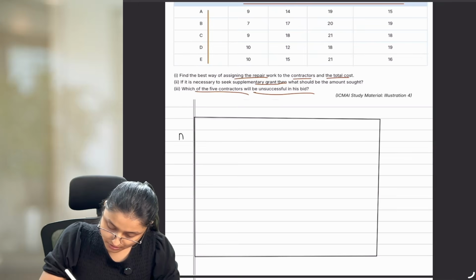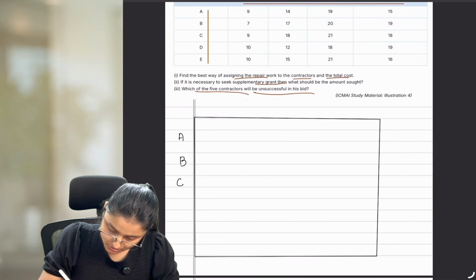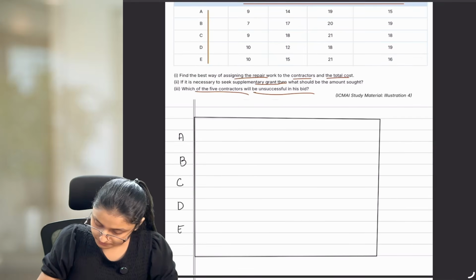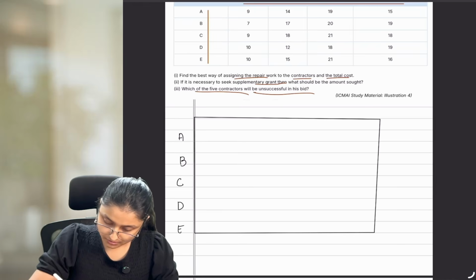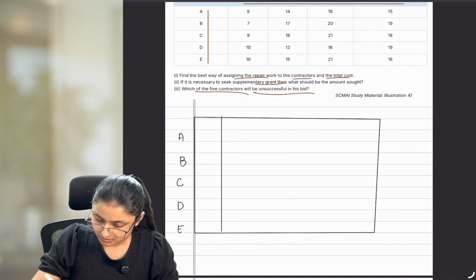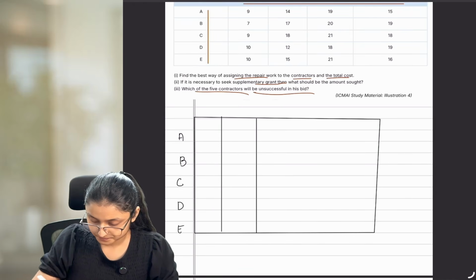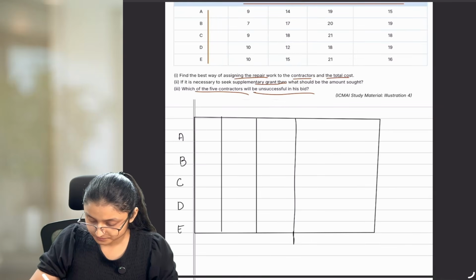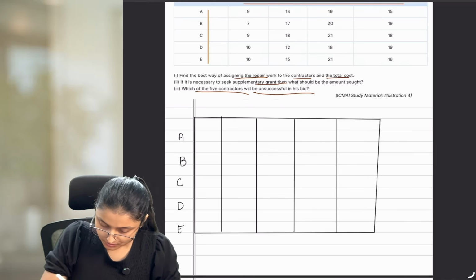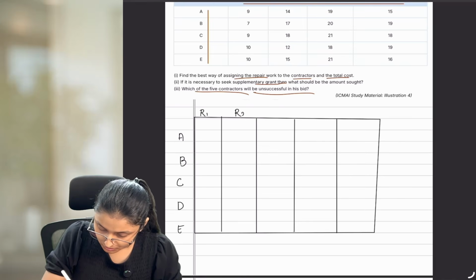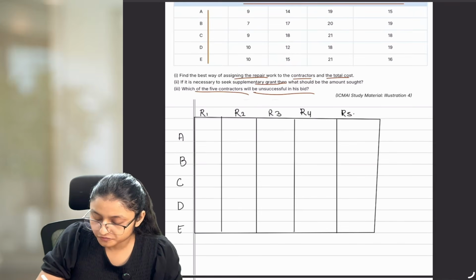Now, contractors A, B, C, D, and E, and roads 1, 2, 3, 4 and 5. Road 5 is not there.